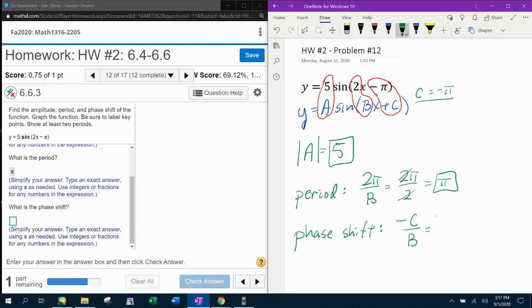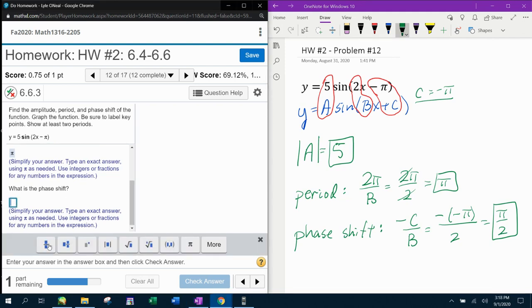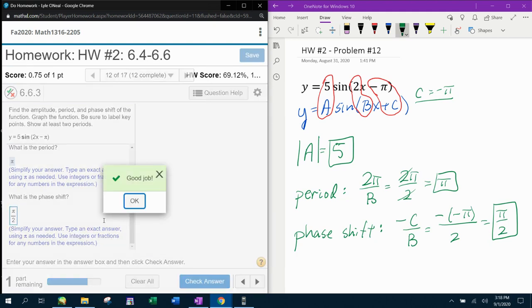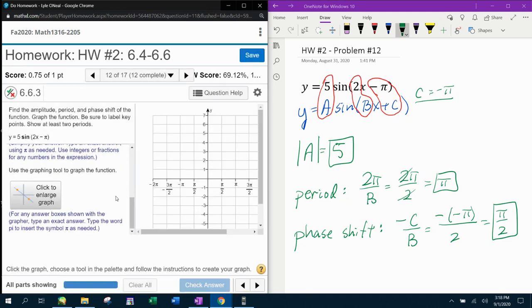So when I plug into the formula, it's going to say minus negative pi over 2, but minus a negative makes it a plus. So we're actually going to have a positive phase shift. And if we input that, pi over 2. So we're good so far.